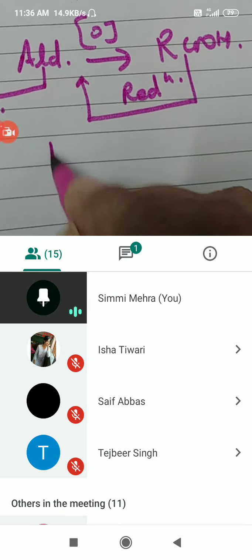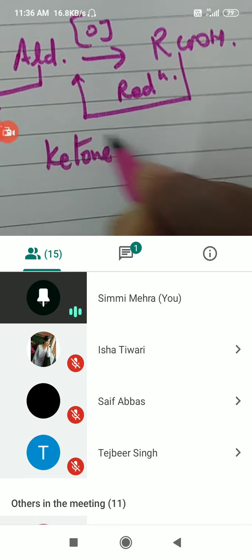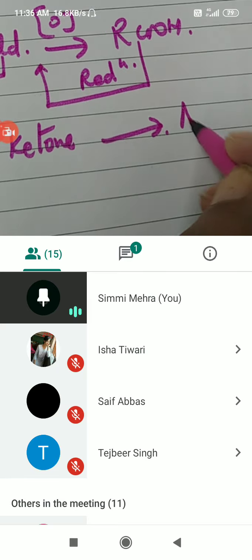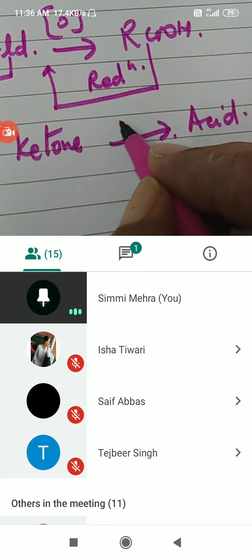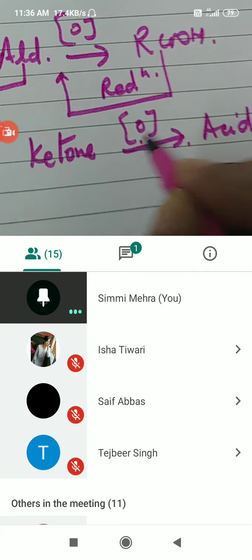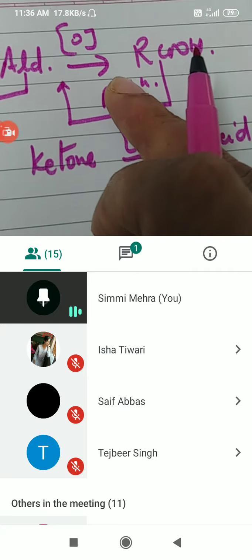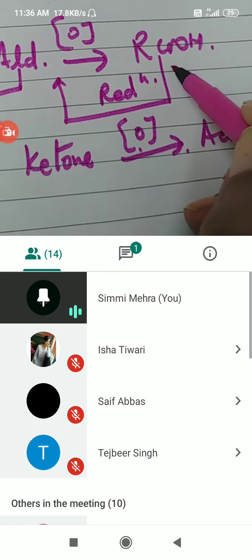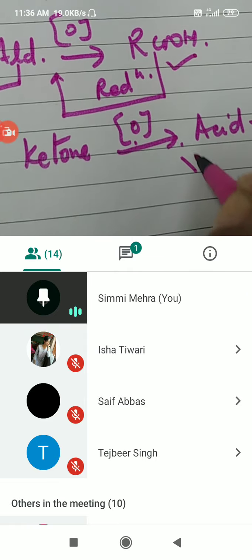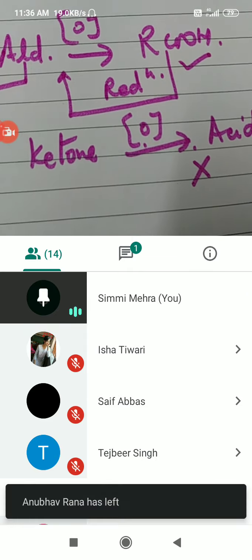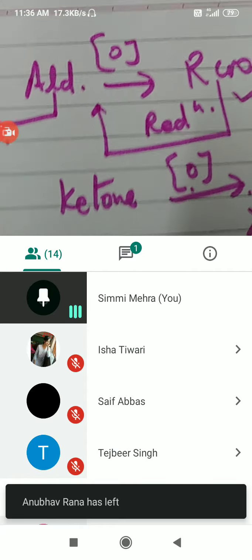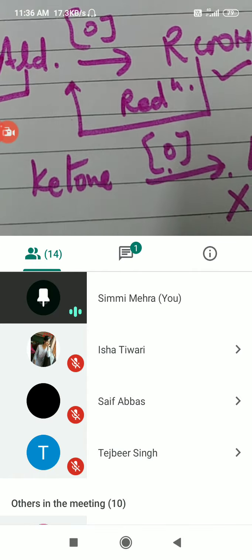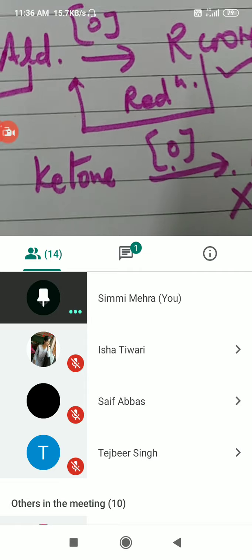If we have a ketone, it does not get oxidized to an acid very easily. All right, it does not get oxidized. So if we use a mild oxidizing agent, only the aldehyde will get oxidized, the ketone will not. Is this clear to you? So this oxidation reaction is used to distinguish between aldehyde and ketone.